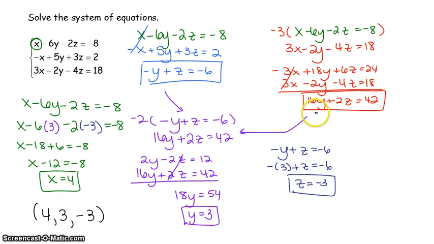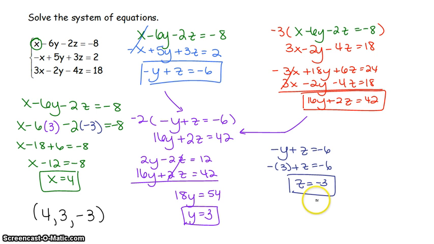We take those two equations with the x's gone, and we use our elimination method with the y's and the z's. I chose to eliminate the z's. This was a positive 2, so I made this a negative 2, and I found that y was 3. When we go to find our z, because we have a two-variable equation, we want to make sure that we use one of these two from the system that we just solved, and we're able to find that z is negative 3.